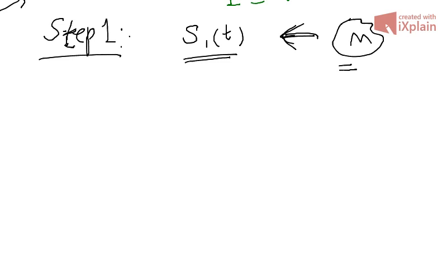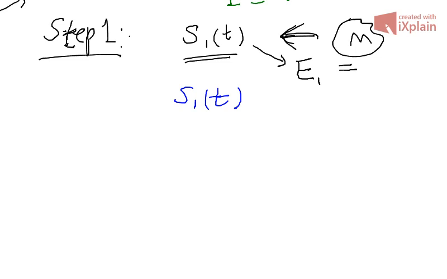Now we would like to get the first orthonormal signal from this s_1 of t, and suppose this s_1 of t has energy E1.